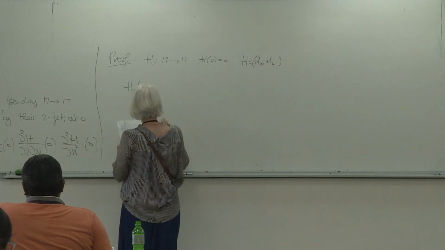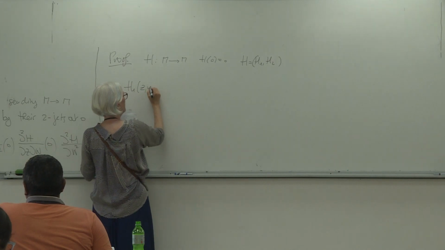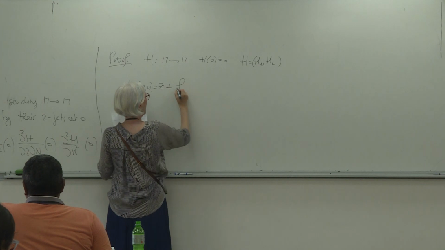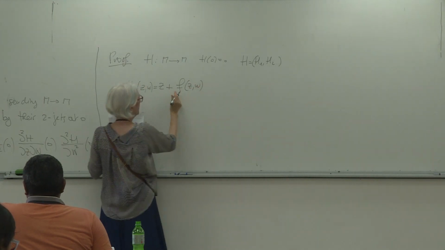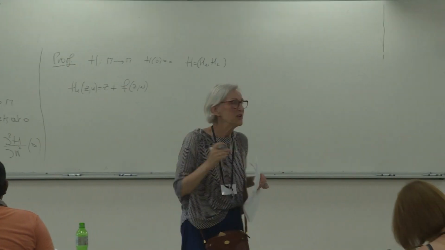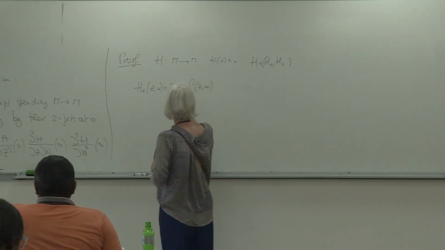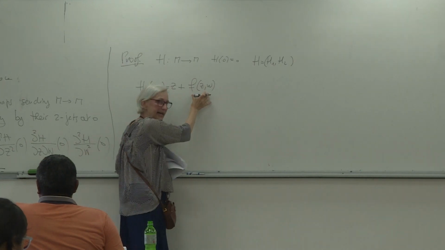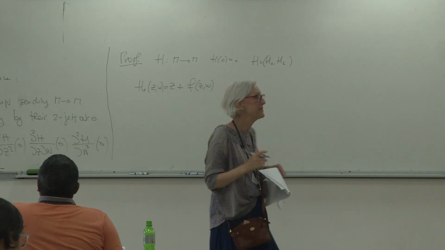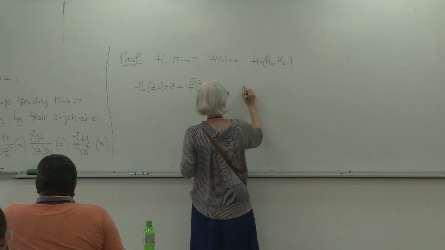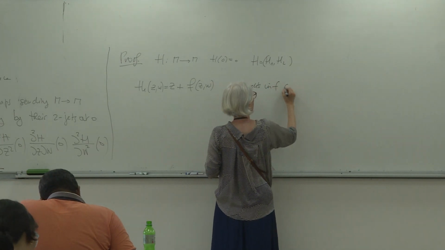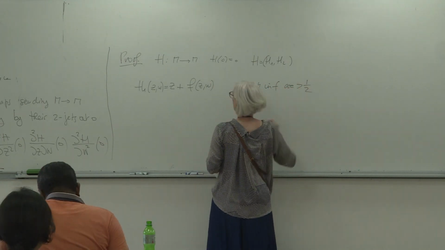So you can assume that H1 of Z, W is Z plus F of Z, W, where this is of weight 1/2, and I can assume that all the weights in F are strictly bigger than 1/2.